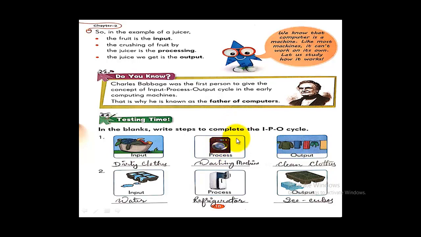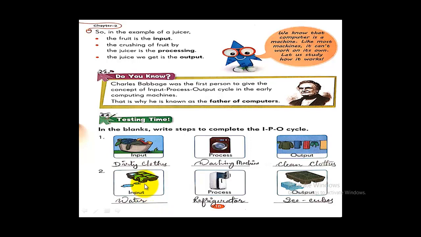Now here, what do we get? Clean clothes. Now before, what do we input here? Dirty clothes. The input is dirty clothes, and the output is clean clothes.